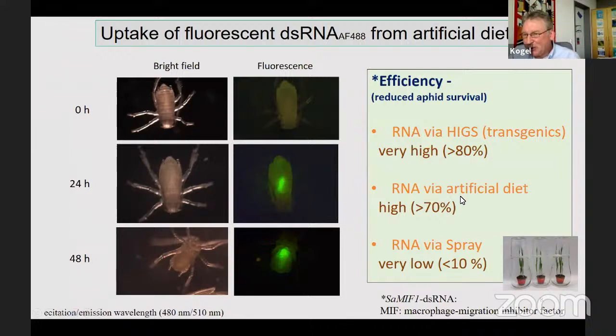If you do it with artificial diet, where they just feed from it, it is also very effective. But if you spray naked RNA, it is not very effective, indicating we need a better strategy to apply the double-stranded RNA in the fields.